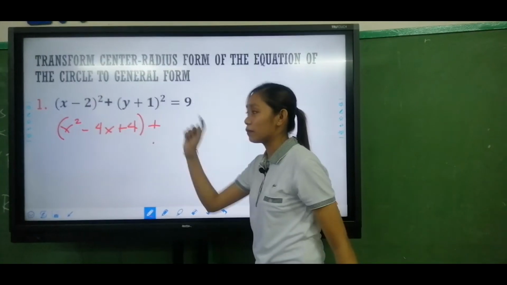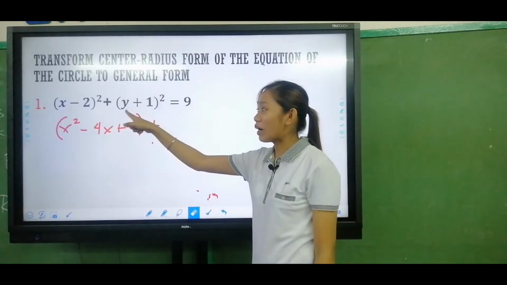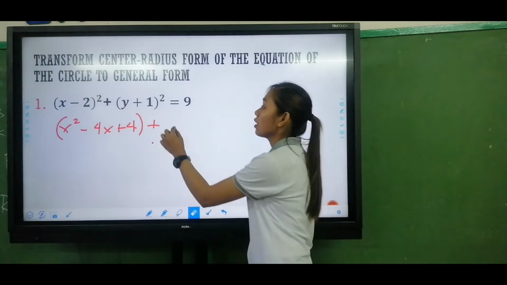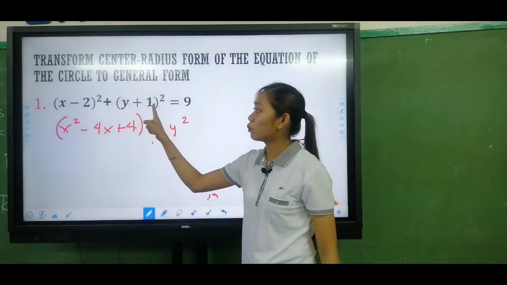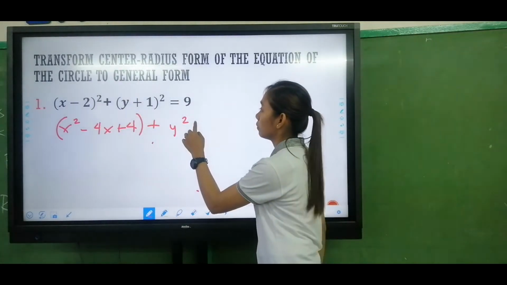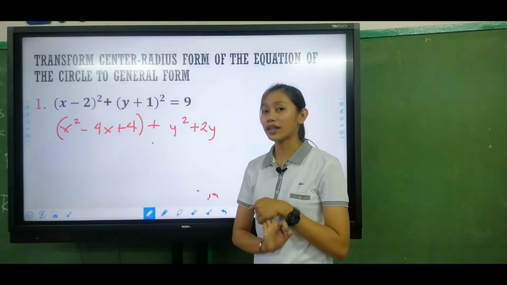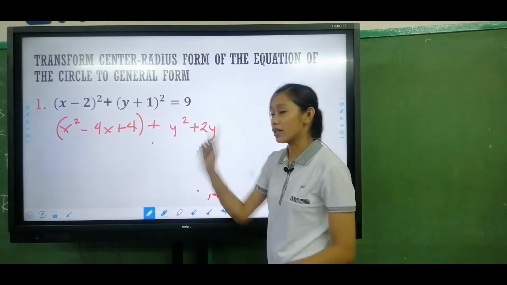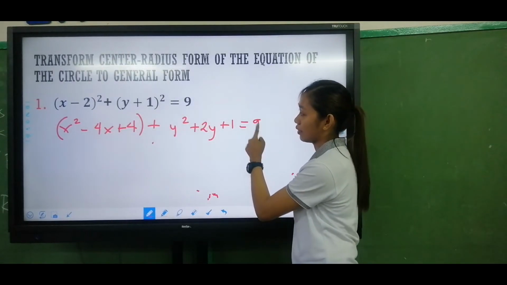Plus, ganun din po dito sa kabila, y plus 1 squared. So square the first term ulit, so y squared. Next, multiply natin yung two terms, 1 times y is y, times 2, so that will be 2y. Next, third step, square the last term. 1 squared is equals to 1, is equals to 9.